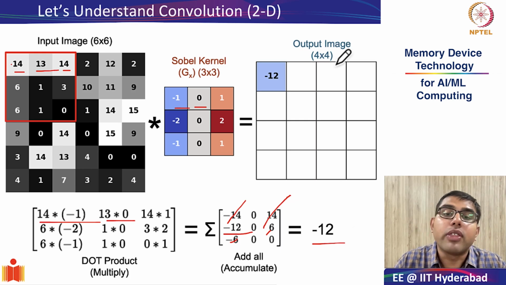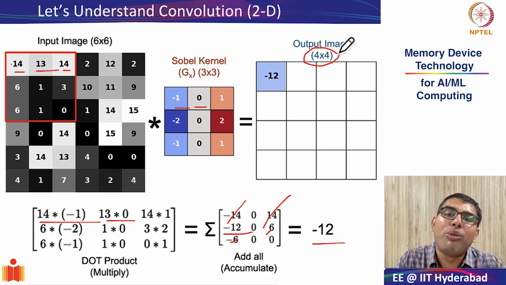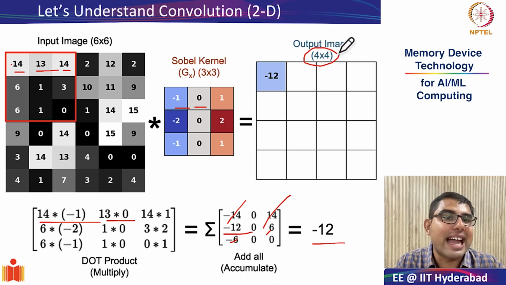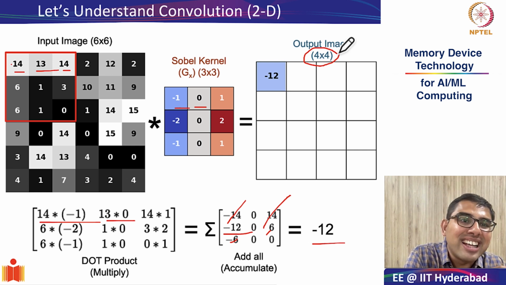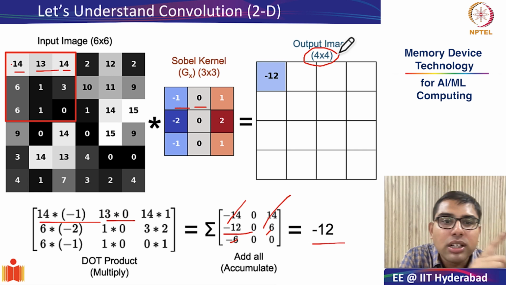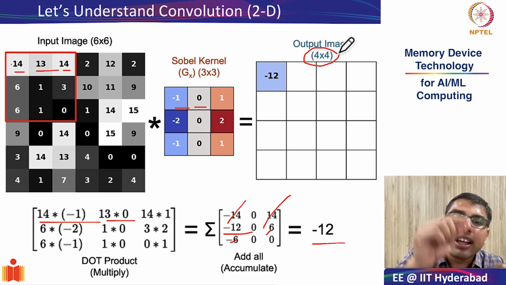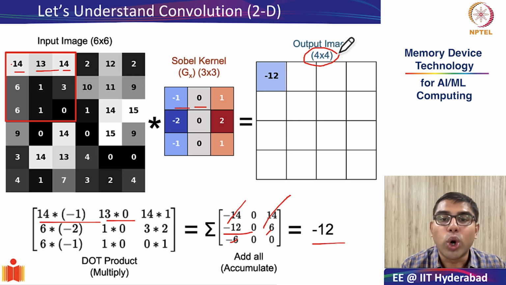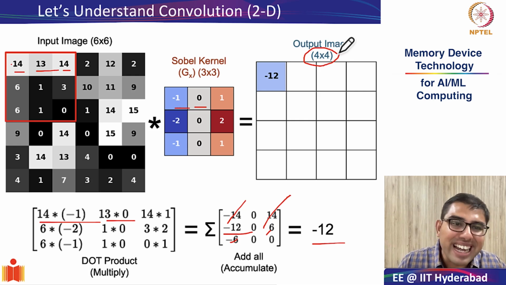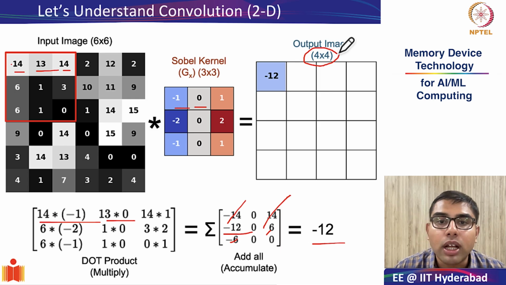Also, we can see that the size of the output image will be 4 cross 4. You can intuitively understand that by seeing that when your input string was 6 cross 1, and the kernel was 3 cross 1, what you were getting was an output image of 4 cross 1. Now you have just expanded those dimensions, so it is but natural to expect that the output image will become 4 cross 4.